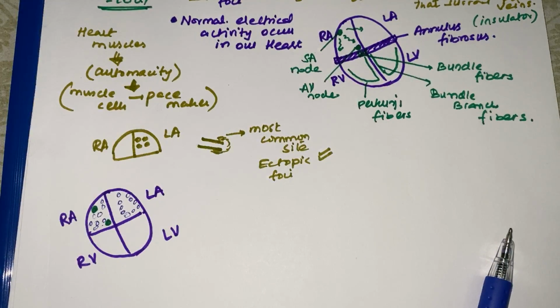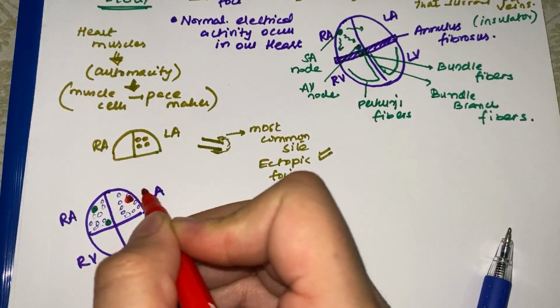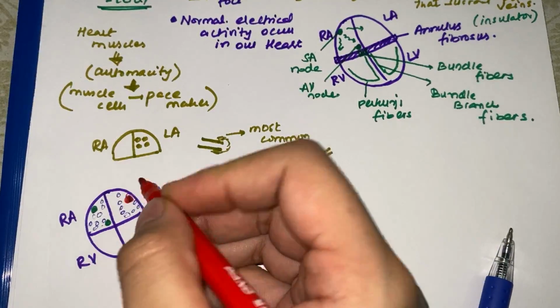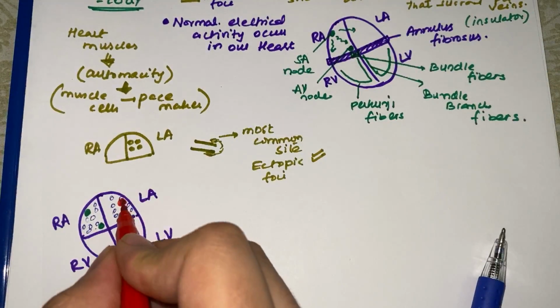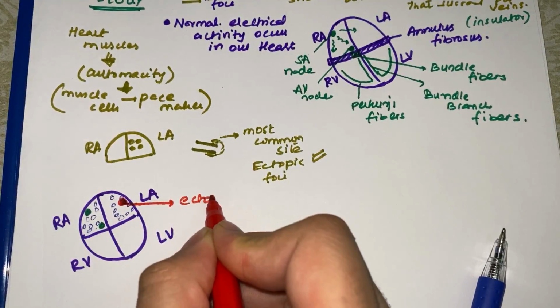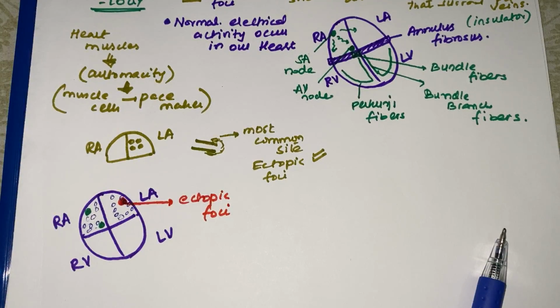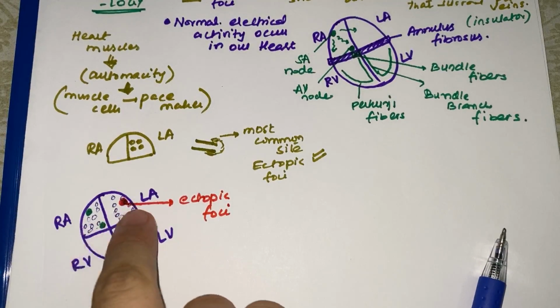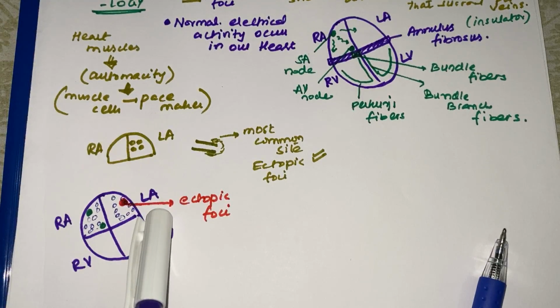Now this part of the heart, if you see this one, has now undergone the ability to form abnormal electrical impulses, and more precisely this is the ectopic foci. Now what happens is that within our atria we have two sites from where the impulses are being generated.